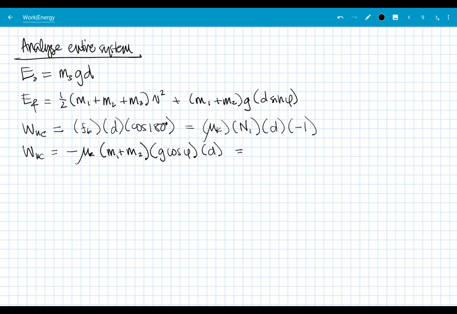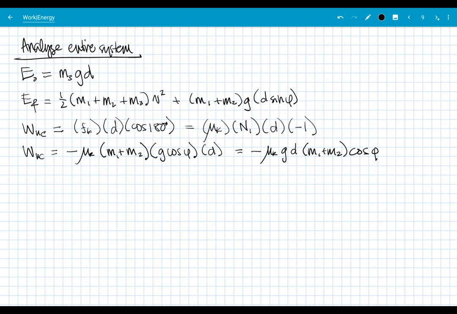So I'm going to clean this up just a little bit here: negative mu k g d, sum of the masses, times cosine phi. Hopefully I got everybody in there that needed to be in there.